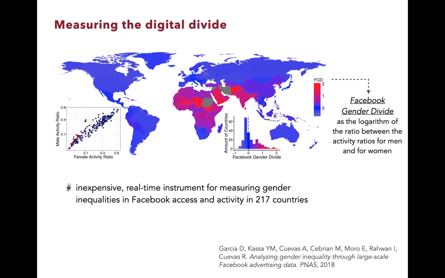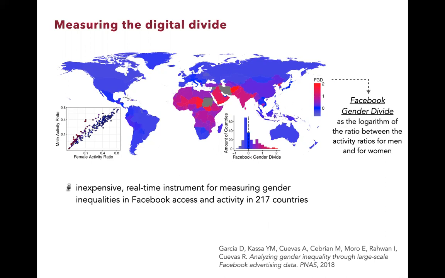In particular, they collected the estimate of the daily active users by gender to quantify the Facebook activity ratio by gender and create this Facebook gender divide index as the logarithm of the ratio between the activity ratios for women and for men. So these indicators basically show the gender-specific tendency of activity on Facebook.